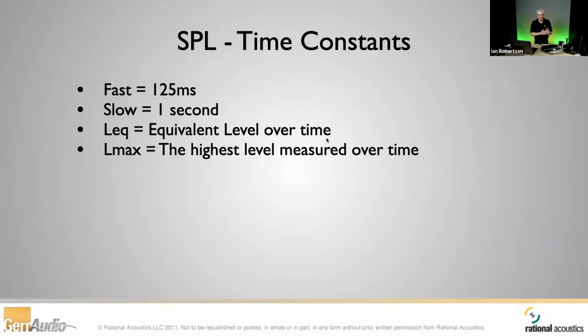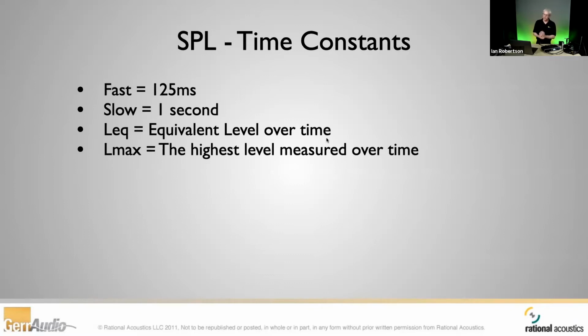So there's also time constants involved when we get into doing SPL measurements. Fast is 125 milliseconds if you're looking at a fast SPL measurement on a meter or a fast ballistic on an RTA. Slow is a 1 second interval. Basically, it's averaging out everything over 1 second.